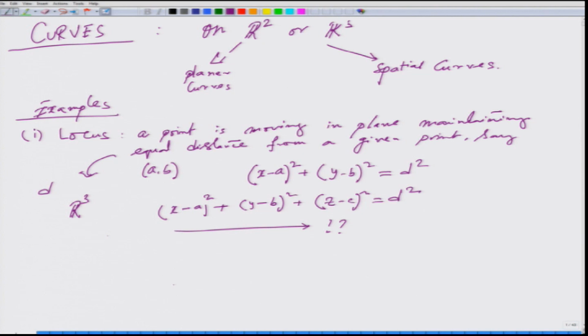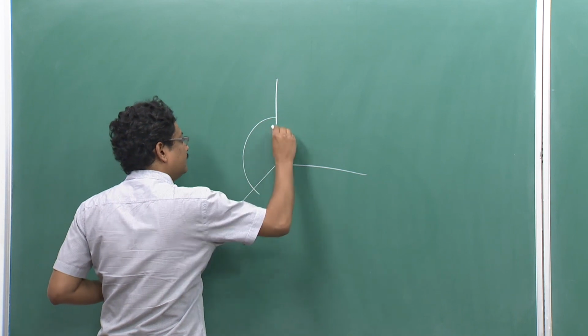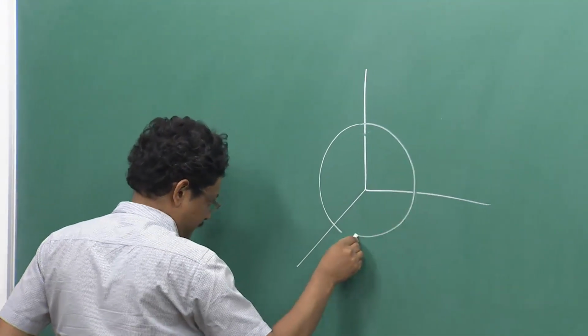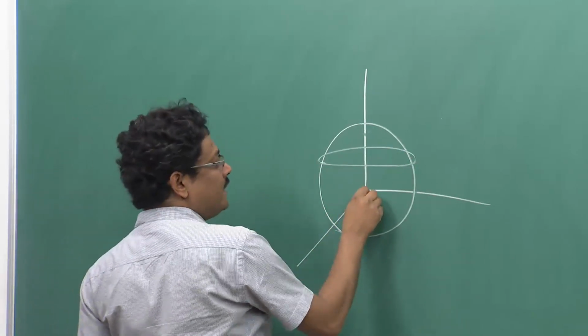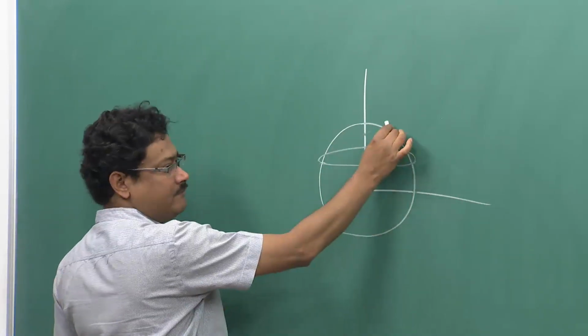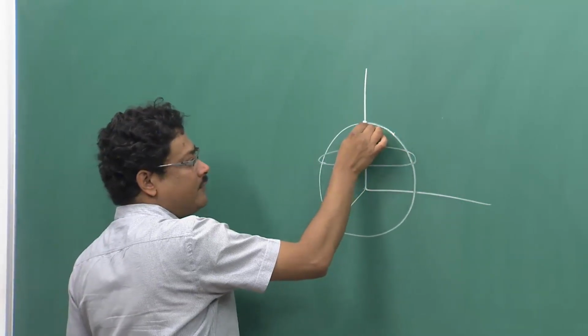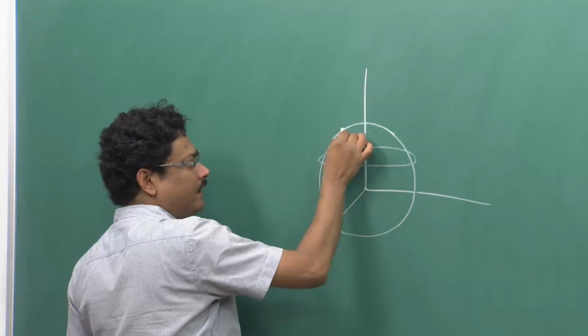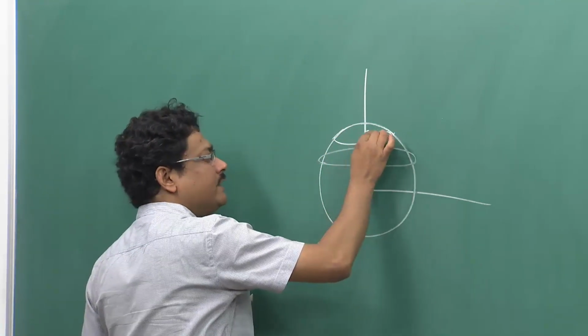Let us say here I have a sphere, and the point is moving, keeping equal distance from the origin. It can move on this circle, and suddenly it may decide to change its course on the sphere and still move like this.